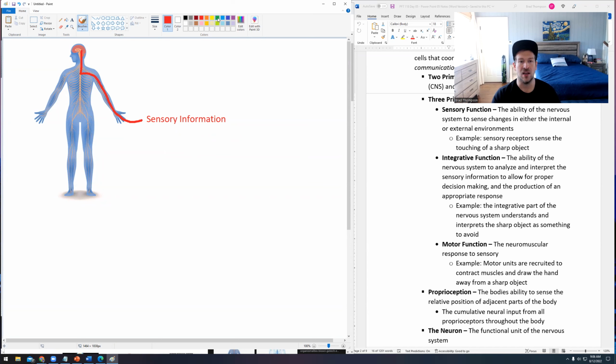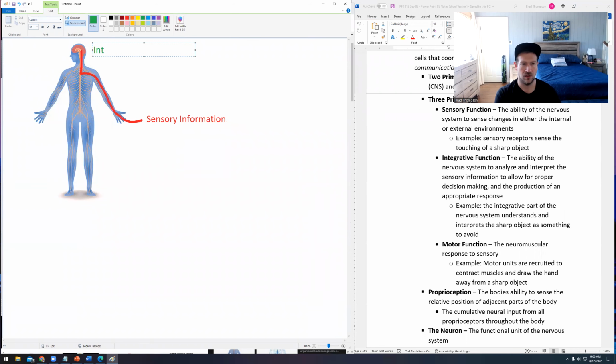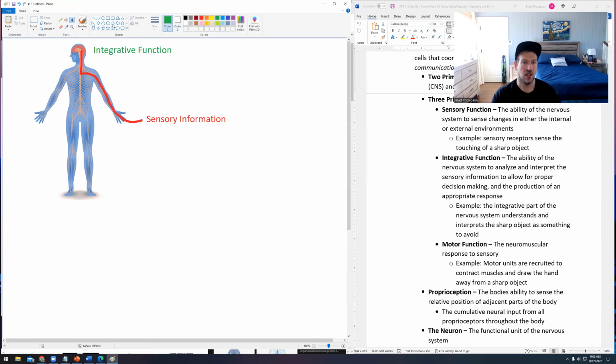And then in the brain, we're going to experience integrative function, I guess I should say. And so that'll just kind of happen in the brain there, right? It'll make all this decision making, right? And then we've got motor function, which will come back in the opposite direction, right?